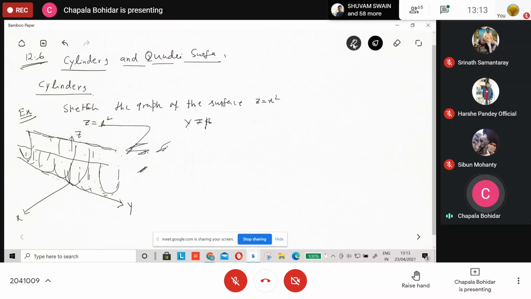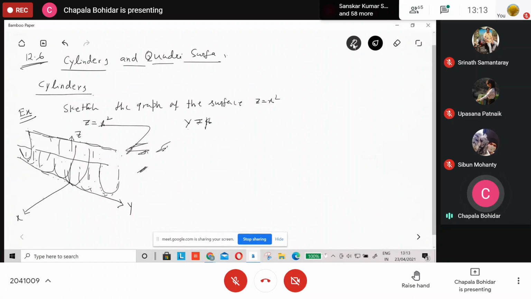By combining all the circles, what are you getting? y is equal to x square, by putting z is equal to k. All the circles lie on the z axis, horizontal circles. So here it is the vertical planes which are parallel to the xz plane.